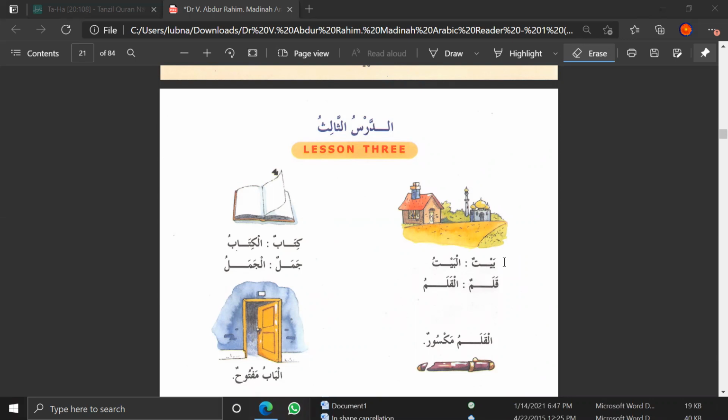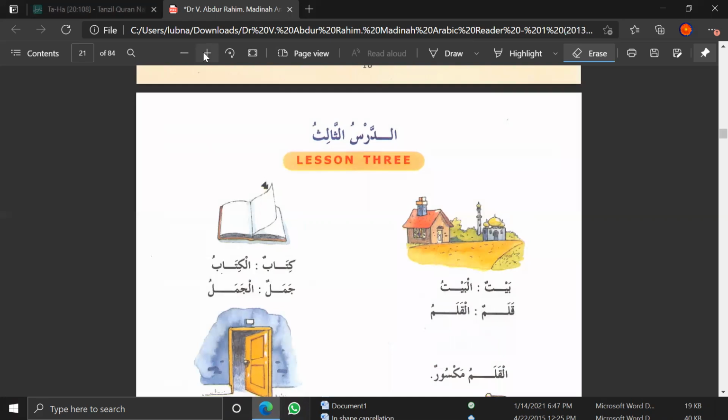Okay. What do you see? What do you think we are going to do in this lesson? Is it big enough, clear enough for you, or should I make it bigger? Let me see if I can make it bigger. Hold on. Is it clearer?